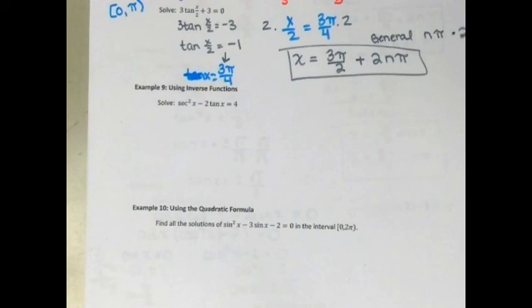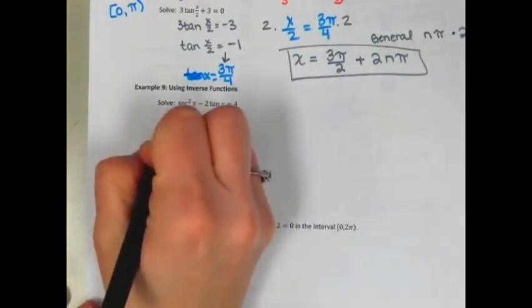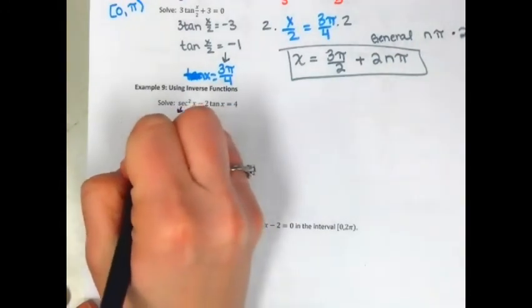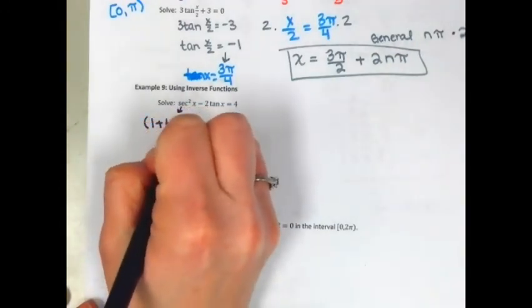Get your Pythagorean identities. Yes, secant squared equals 1 plus tangent squared.